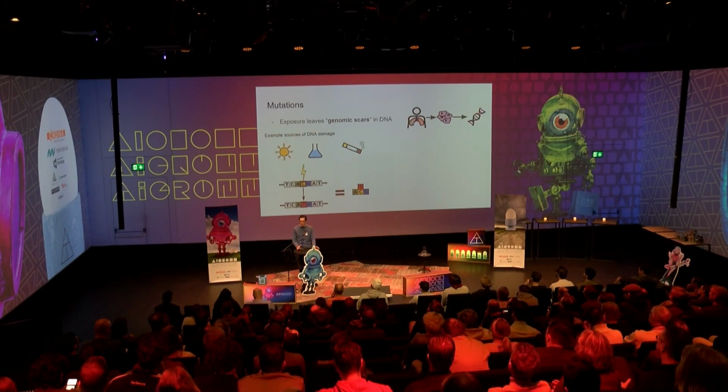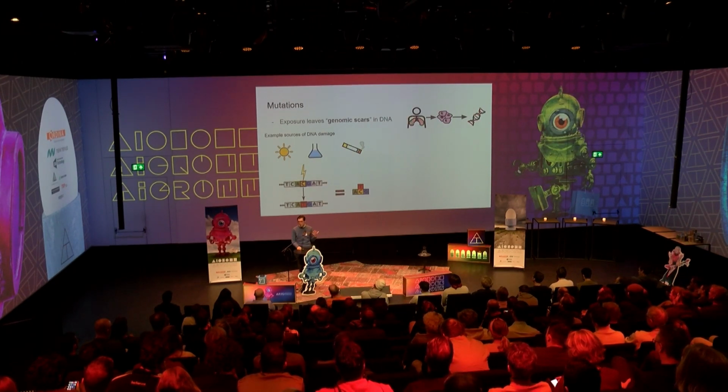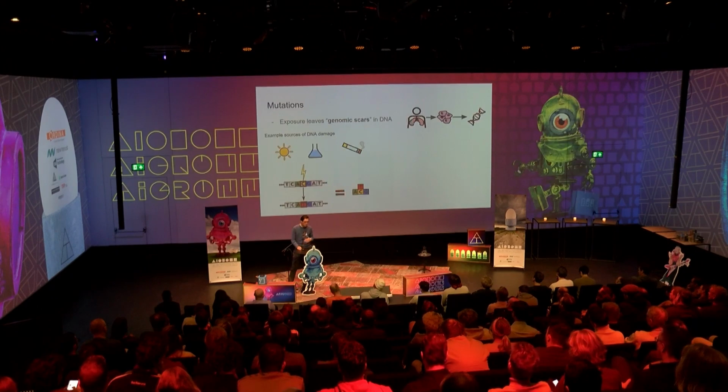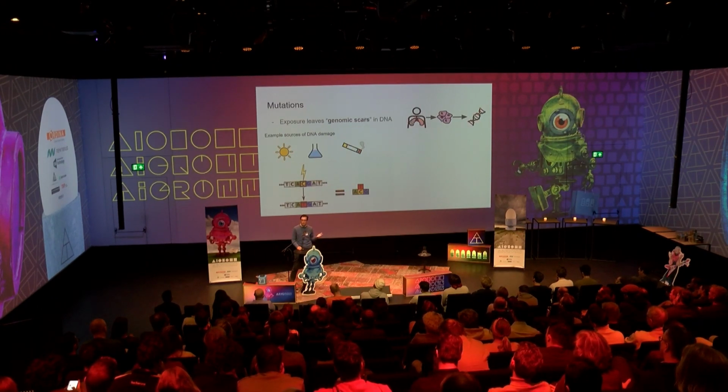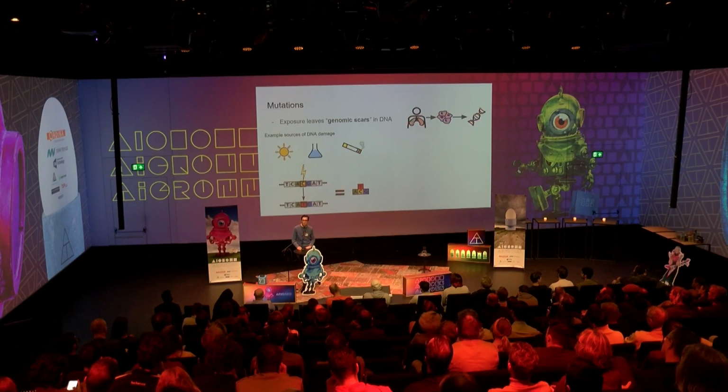And it turns out that it doesn't happen just uniformly across the genome. They have a kind of preference. They like to sit in specific sites. And that actually depends on the type of damaging agent that makes the letter changes. So for example, sunlight makes very different changes depending on their neighboring left and right context compared to, for example, cigarette smoke.